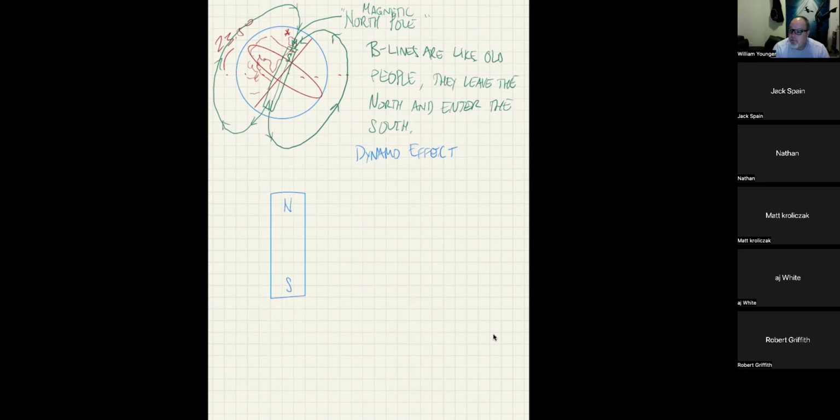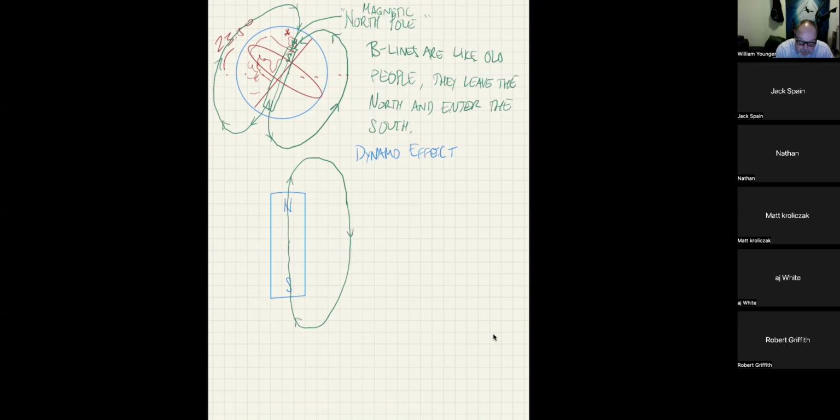It would make a North Pole, South Pole in the top half and a North Pole, South Pole in the bottom half. But the field lines from this, for instance, will go straight through the middle, and they'll actually get quite far out and then come back here like this. And this is their direction.